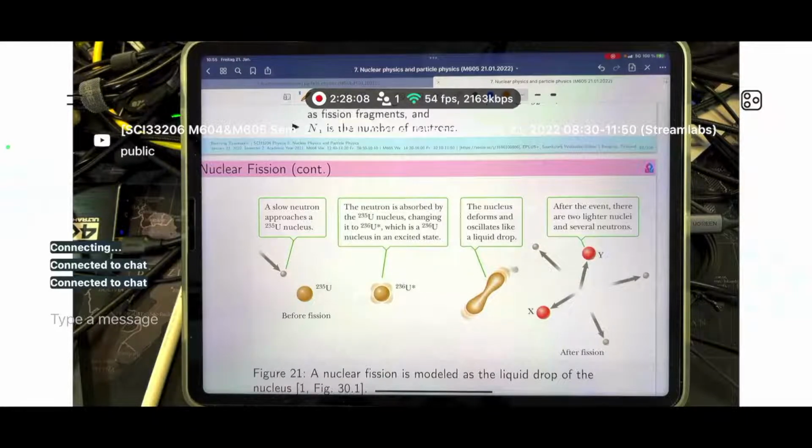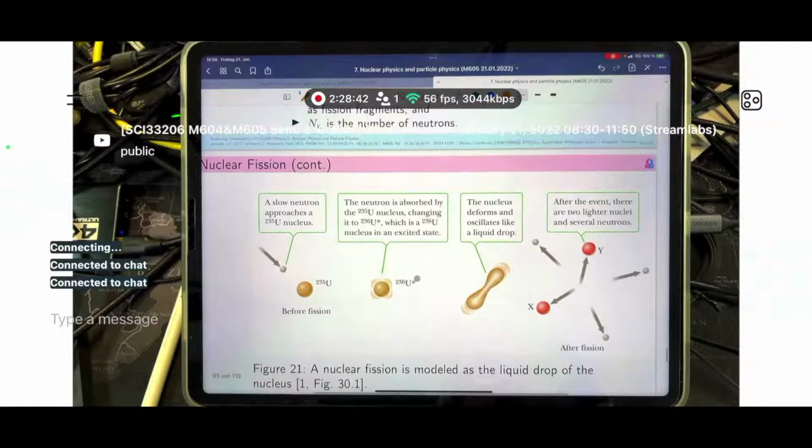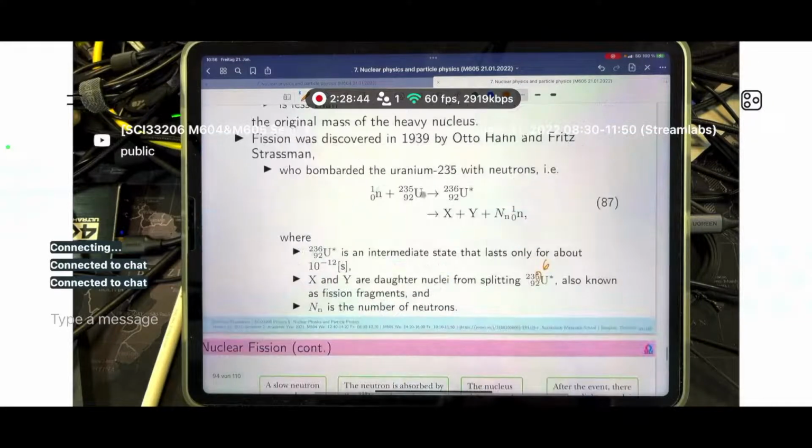A few neutrons are also separated from the big nucleus, and the two groups become nucleus X and nucleus Y, two lighter nuclei plus several neutrons. This is the process of nuclear fission, and it can be denoted by this equation.